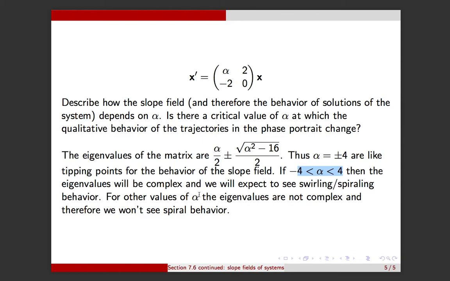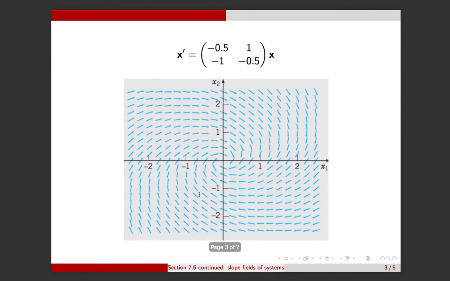So again, it's sort of interesting, fascinating, I don't know what adjective, that thinking about these systems in terms of matrices lets you make observations like this. If we hadn't thought about matrices at all, then this system versus the systems from 7.5, it might not be clear why their slope fields are looking so different.